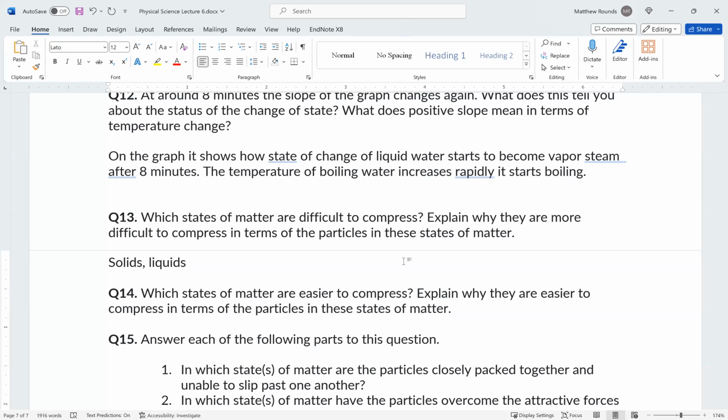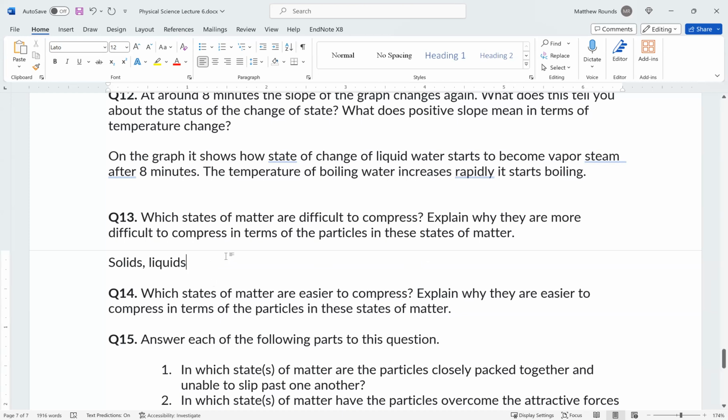So I rewrote the beginning of the question, but I said the states of matter that are difficult to compress.